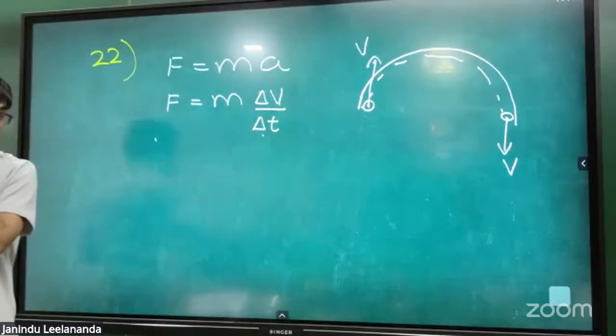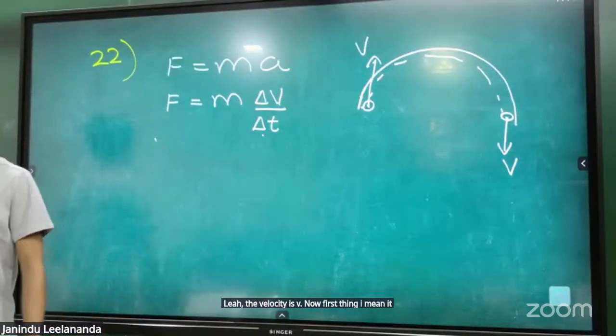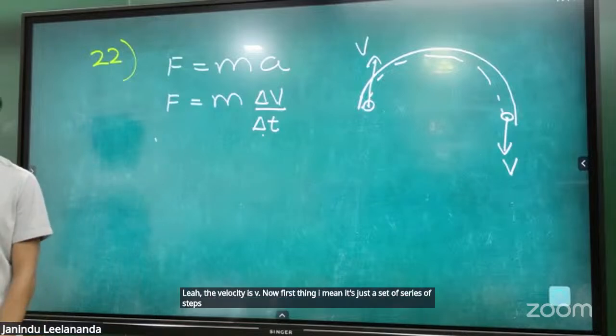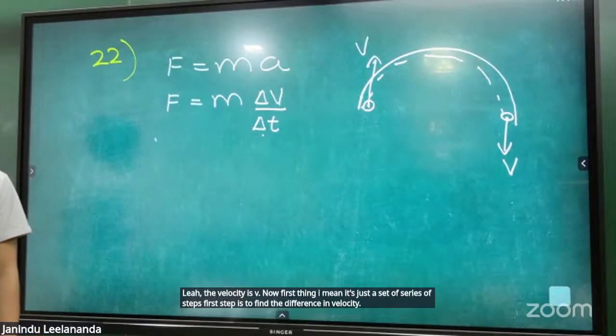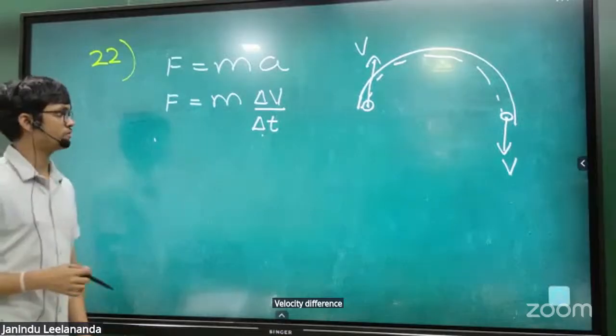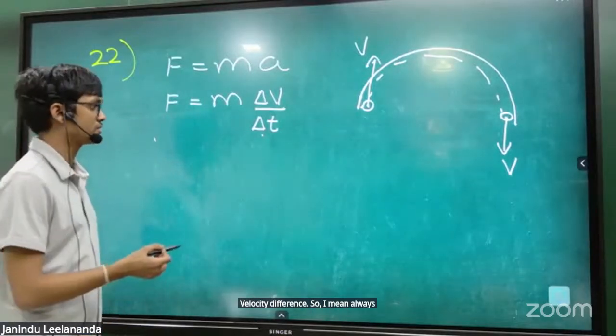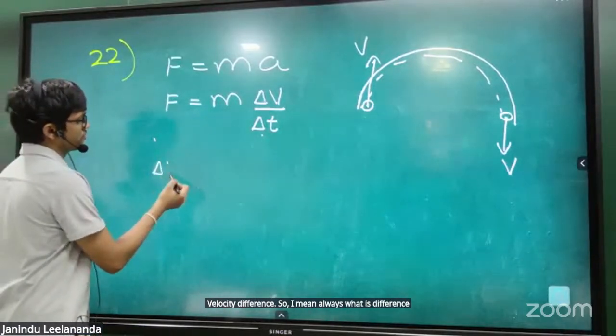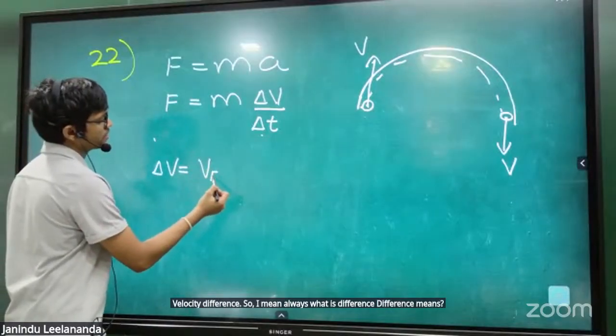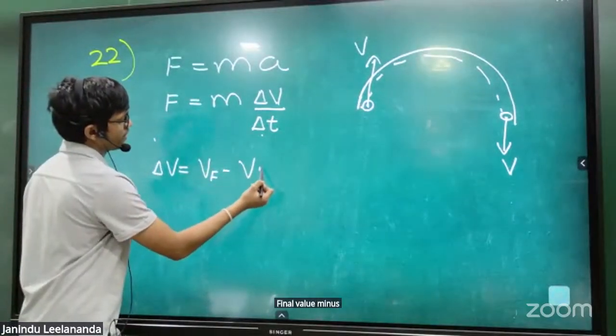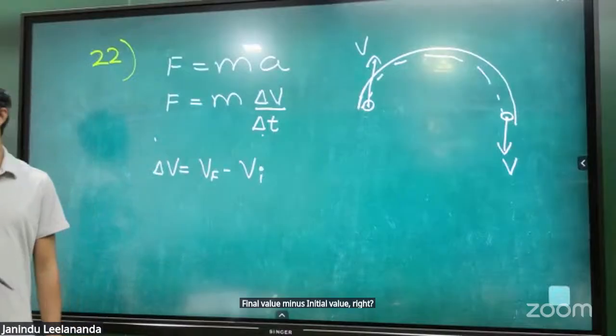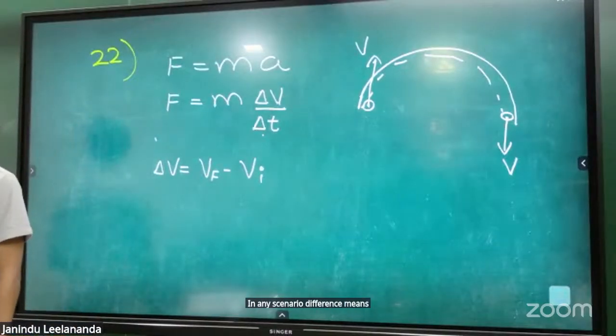Now, it's just a series of steps. The first step is to find the difference in velocity. Always, what is difference? Difference means final value minus initial value, right? In any scenario, difference means final value minus initial value.